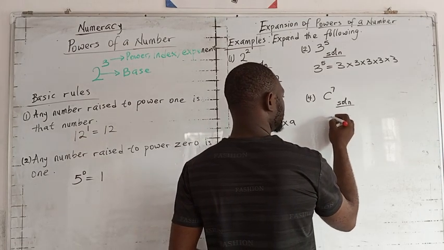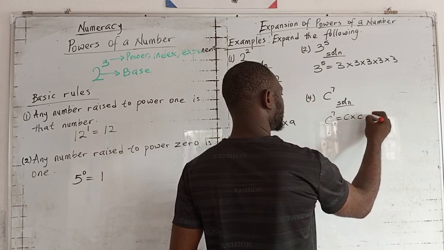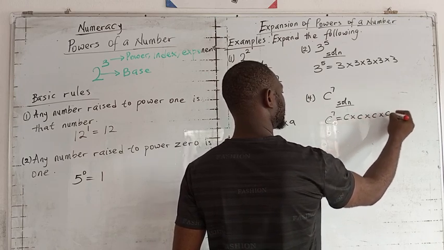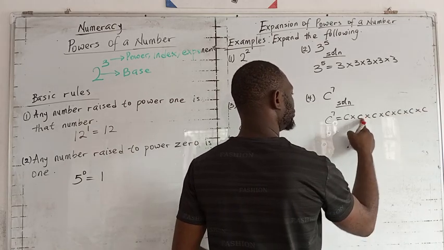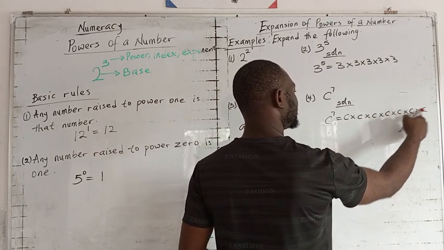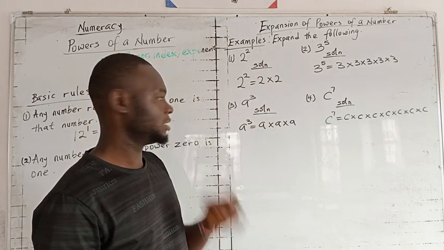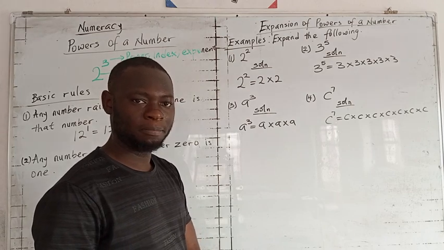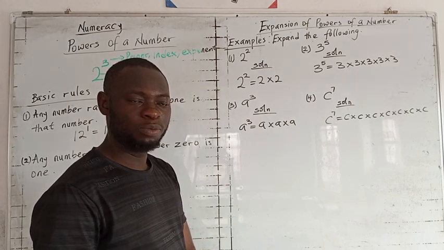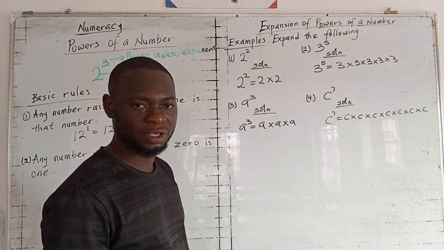So, C to the power of 7 is C times C times C times C times C times C times C. 1, 2, 3, 4, 5, 6, 7. We multiply C in 7 places. This is simply how to expand the powers of a number. Okay? We multiply the base number in the number of places of its power.